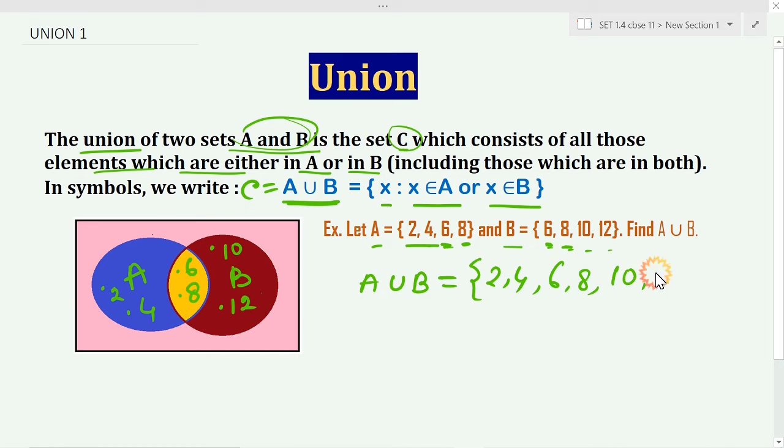So for these two sets A and B, A union B equals 2, 4, 6, 8, 10, 12.